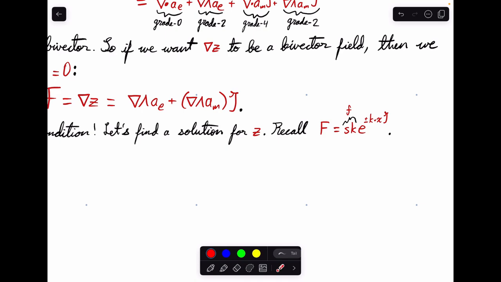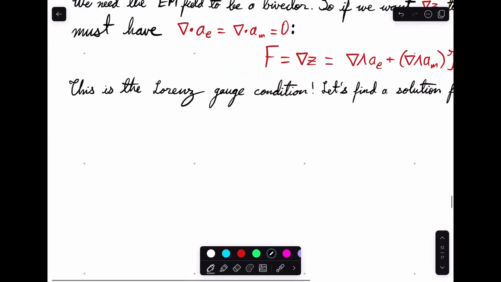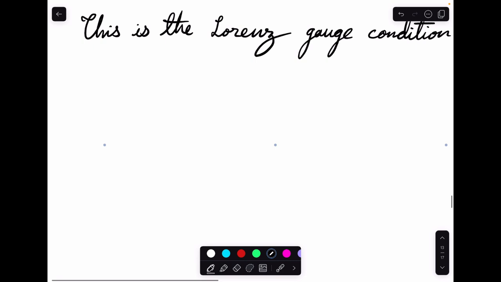Well, Z must be of a similar form. There's a thing in wave mechanics.